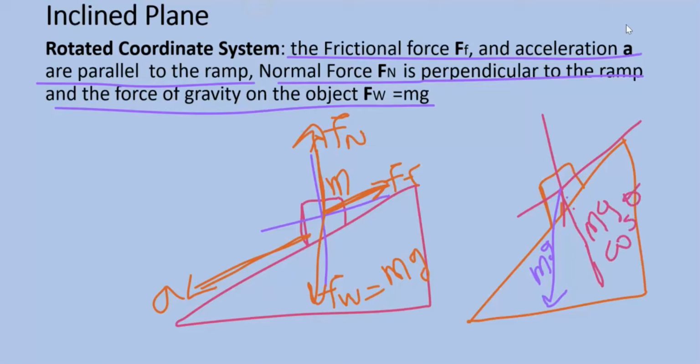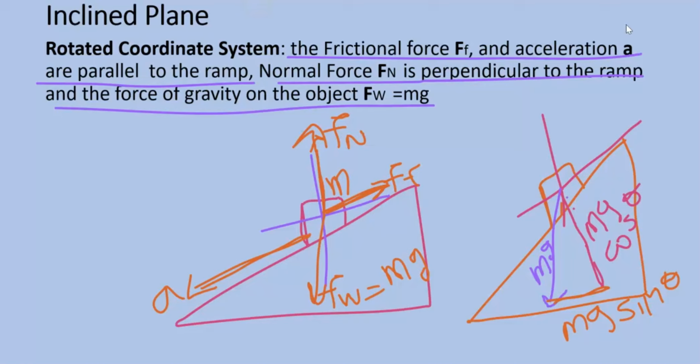But the second component here will be the mg sine theta. So one of these components will be parallel to the ramp, and that will be the mg sine theta. And the one that is normal to the ramp will be the mg cos theta. So mg cos theta is normal to the ramp.